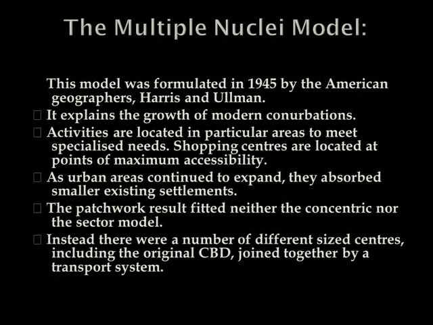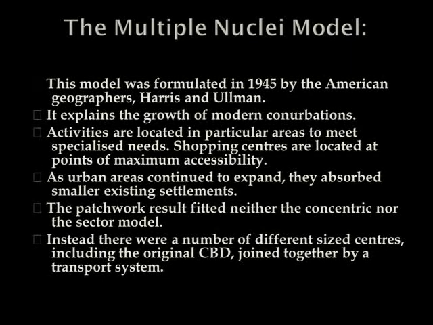So as they develop, this is what happens with this model: the activities are located in particular areas to meet specialized needs. They have shopping centers, located along points of maximum accessibility. As the urban area continues to expand, it absorbs smaller settlements. The patchwork results, filtered concentric.